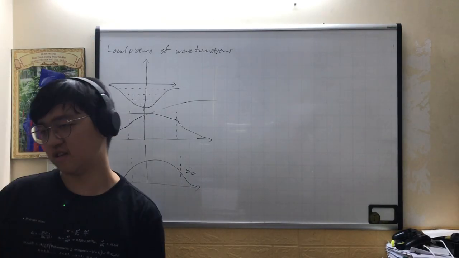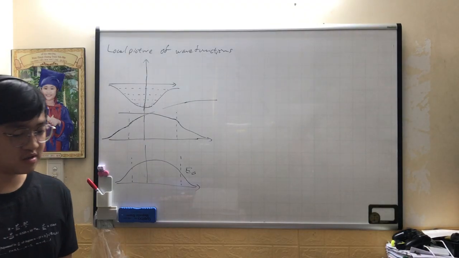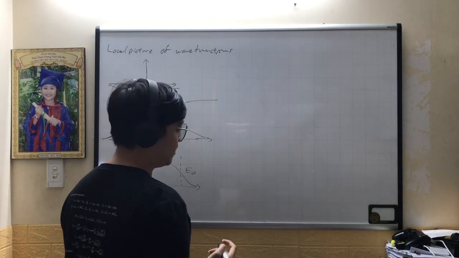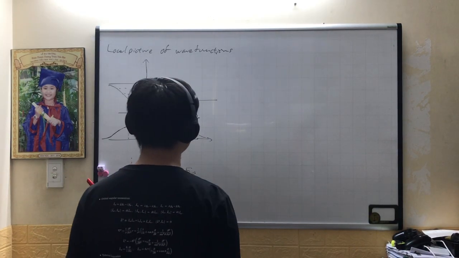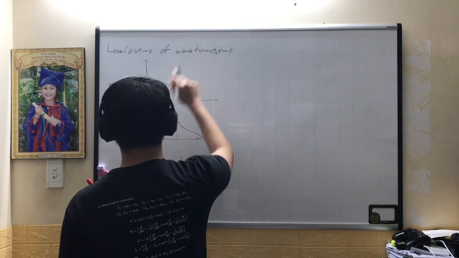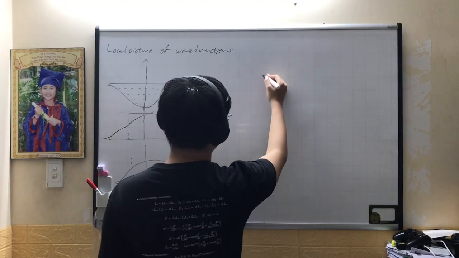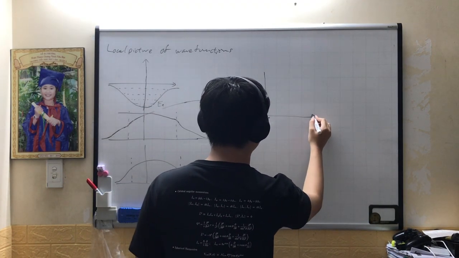Next, we're gonna take a look at an odd state and see how that works. So with an odd state, you would first want to fix one point. So you have your potential here. Suppose you want to find E1. And with E1, you know that it's gonna flip.